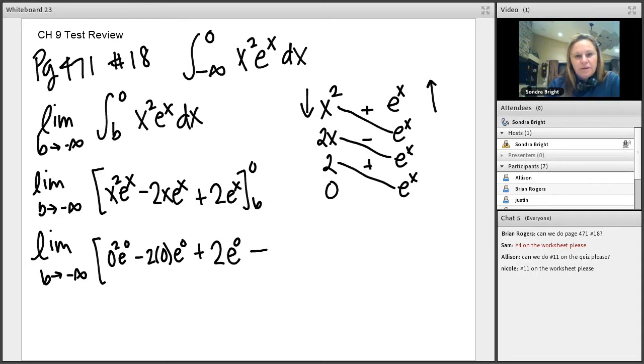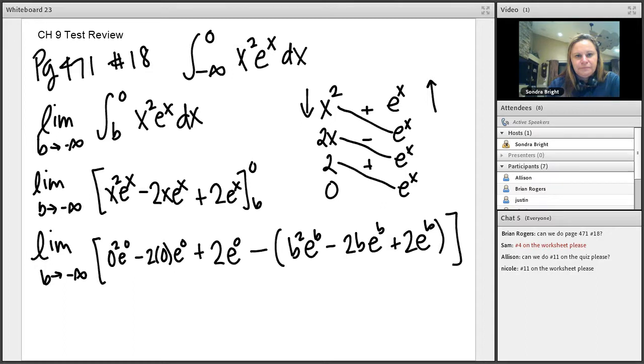And then we're going to subtract from that b squared e to the b minus 2b e to the b, plus 2 times e to the b. So that's a 0, that's a 0, and this ends up being 2. What's happening with these, though?